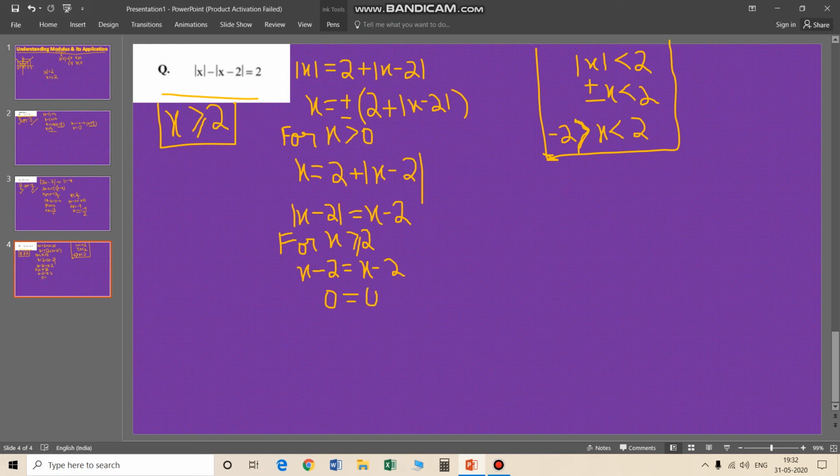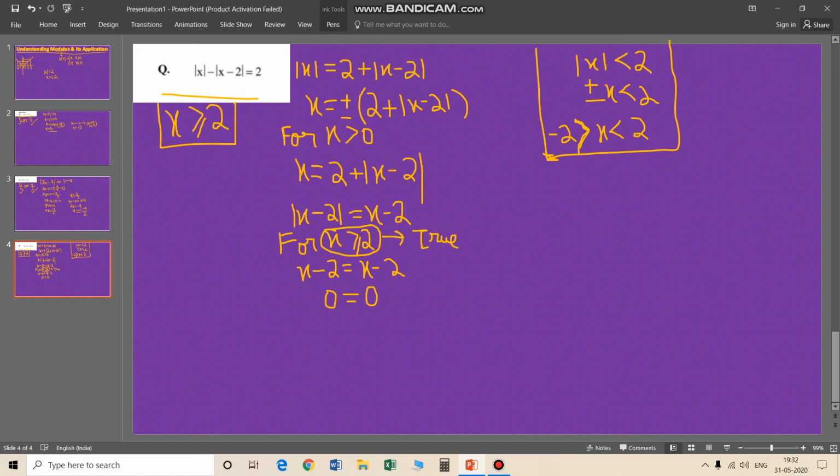This simply means nothing. Many people get confused. 0 is equal to 0, then what's the use? There's many use of this statement. It only tells you that for all x greater than equals to 2, the statement will hold. For all x greater than equals to 2, it is true.